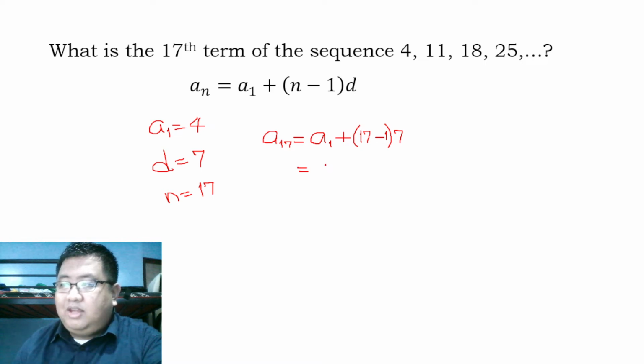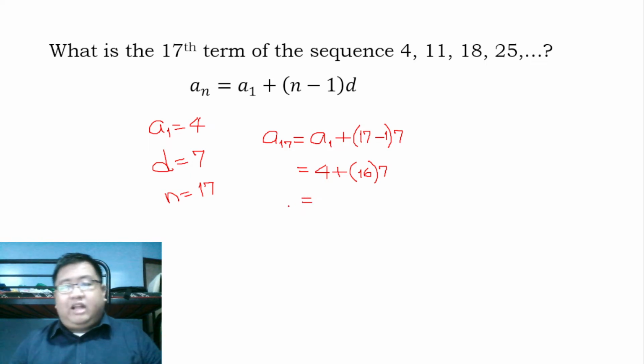Our a sub 1 is 4 plus 17 minus 1, which would be 16, times 7. You can do this with calculators, or you can do it mentally if you can. It doesn't matter really.